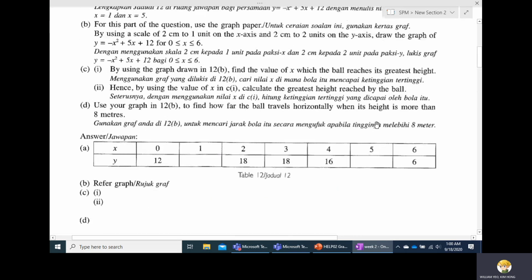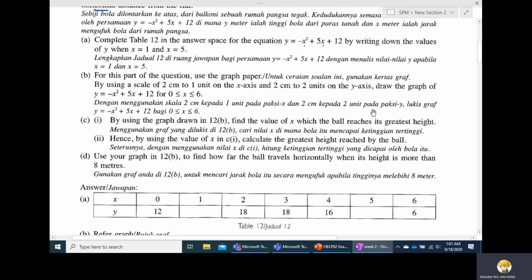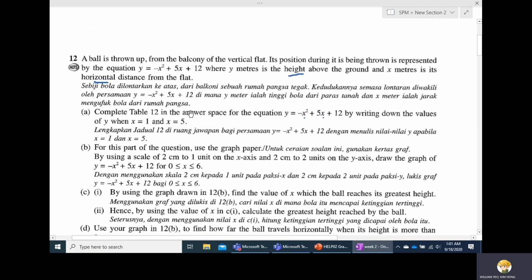Okay, C, be careful. Read properly by using the graph. Remember just now I said B is going to affect your answer for C and D. Here, find the value of x where the ball reaches its greatest height. Height is what? Remember just now, what is height?